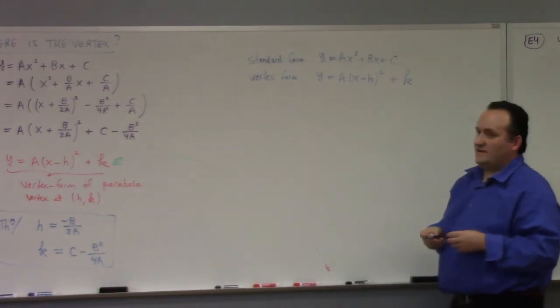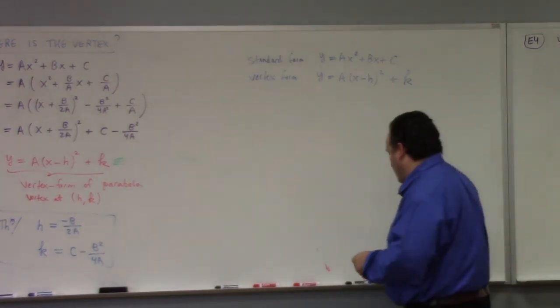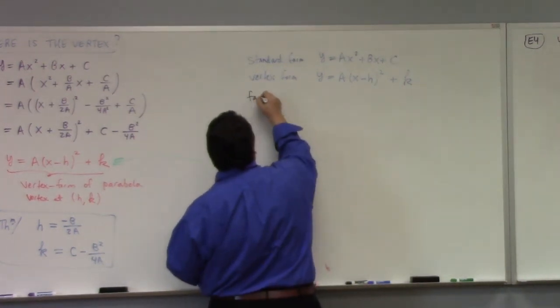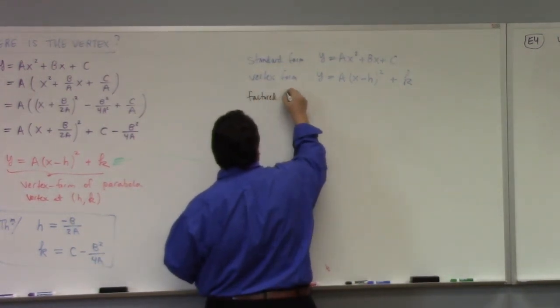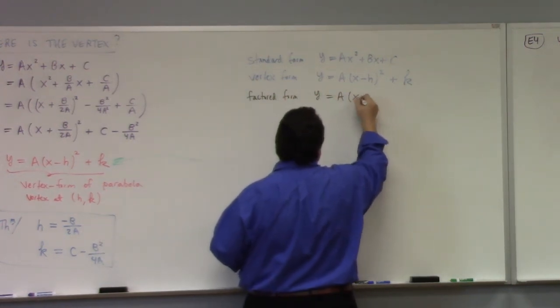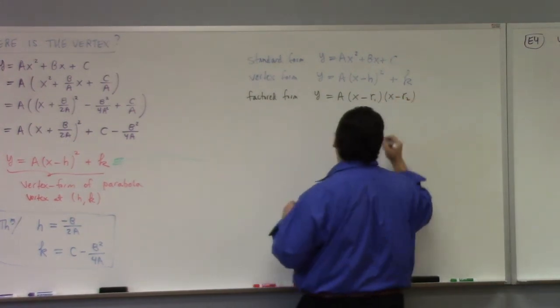So vertex form is nice because it shows you manifestly where the vertex is, right? But there's another form, right, which is a factored form. y equals a times (x minus r1) times (x minus r2), right?